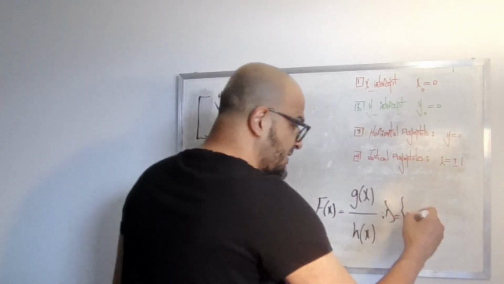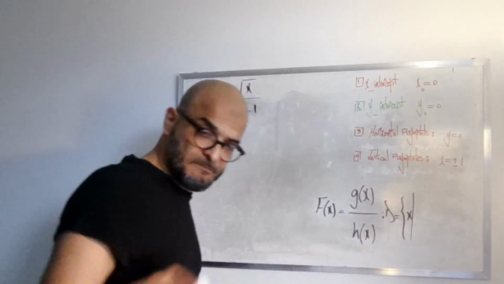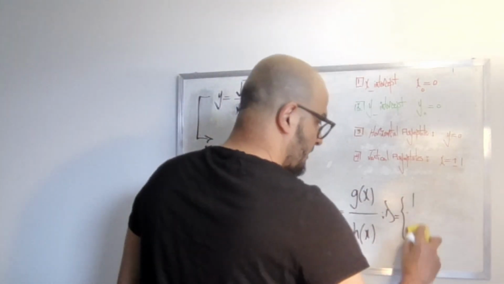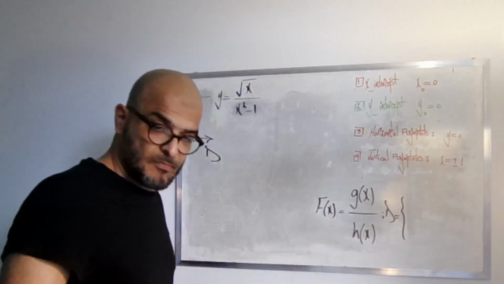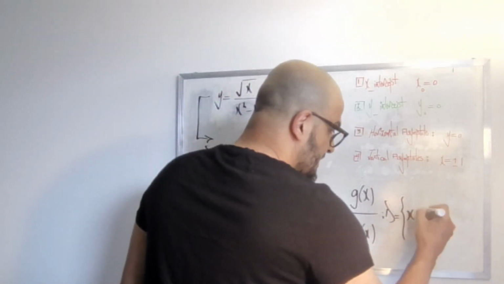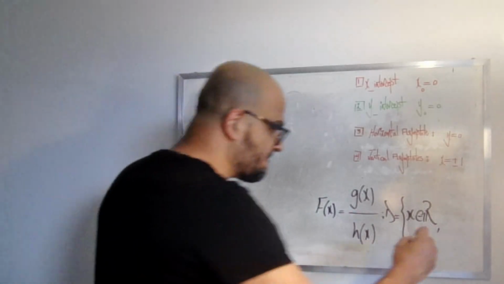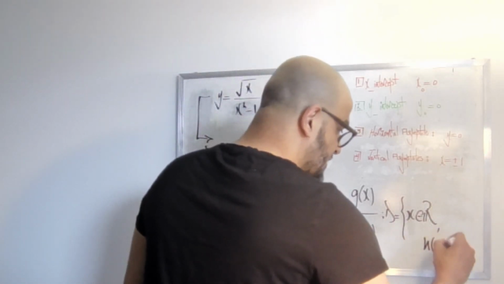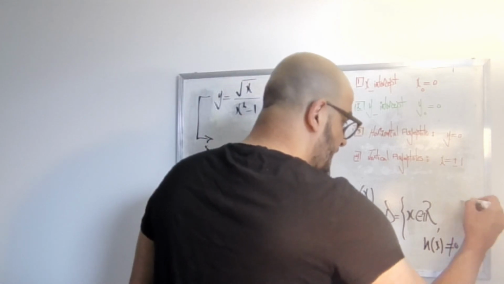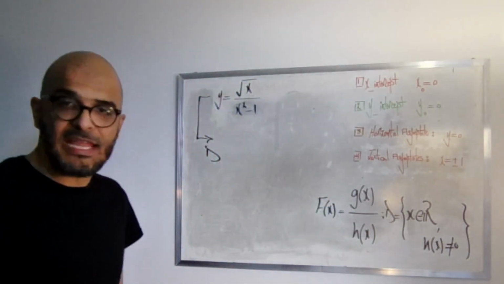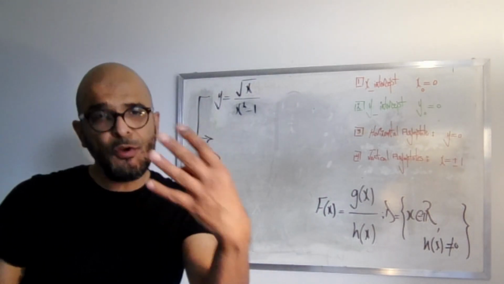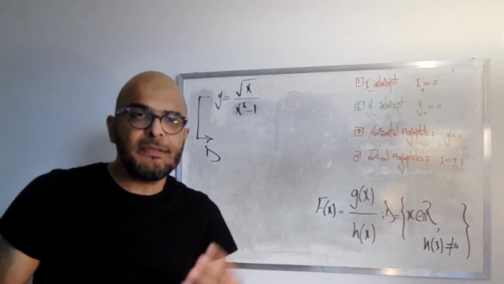it becomes the set of all x, where x is a real number. However, for that x, h of x should not become 0. That was a thing that we discussed in your courses before when we talked about the domain of the function.